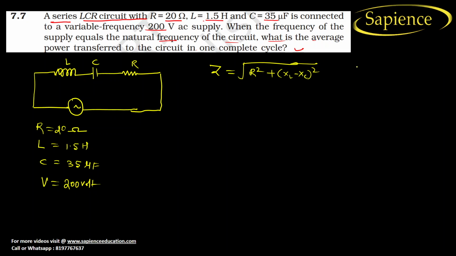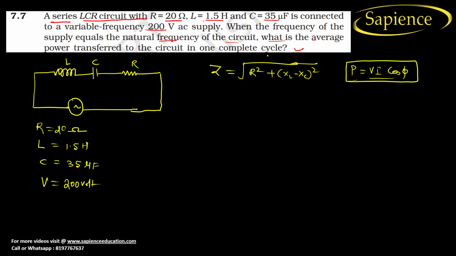Now you are thinking what I am doing and why. We need to find the average power. So average power is equal to V into I, V I cos phi. Let's write like this. So this is the formula for average power for the complete circuit.